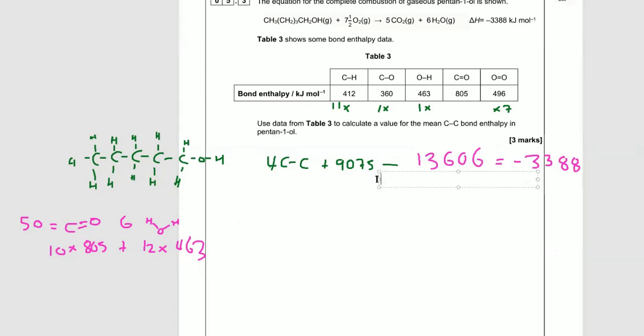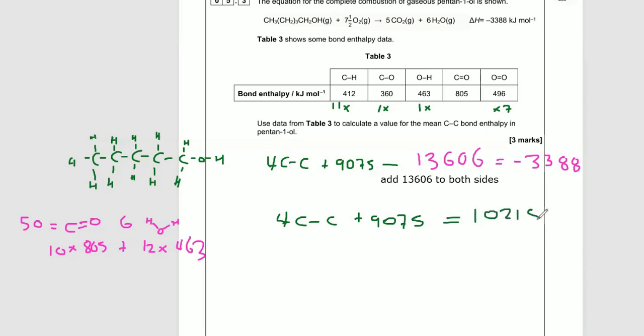Now, if we do the reactants minus the products, you get the overall energy change, which is minus 3,388, which they've given us. So we now need to just solve this to find the C-C bond. First of all, let's add 13,606 to both sides to get rid of the minus 13,606. That leaves us with 4 C-C plus 9075 is equal to 10,218.